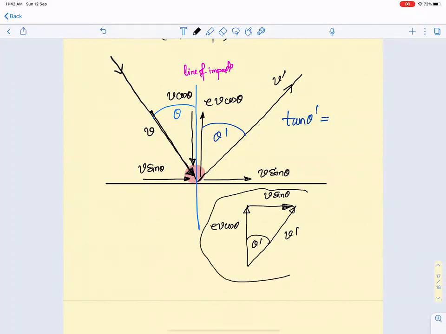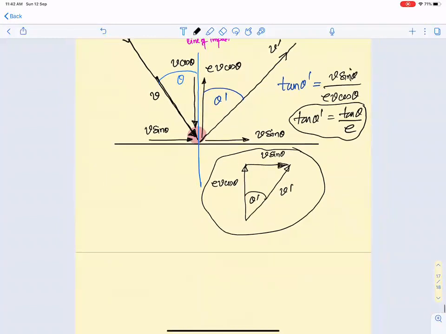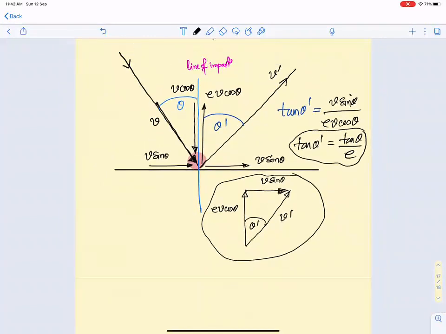From this diagram, tan of theta dash is equal to v sine theta divided by ev cos theta. So that means tan theta dash is equal to tan theta divided by e.